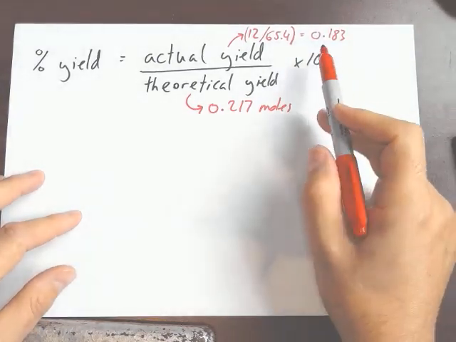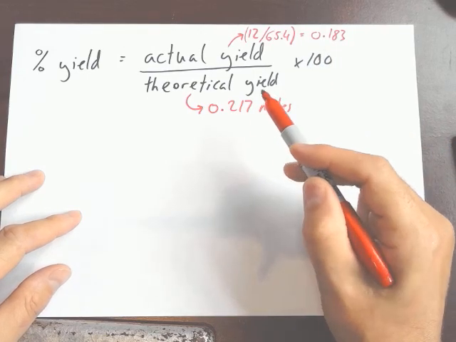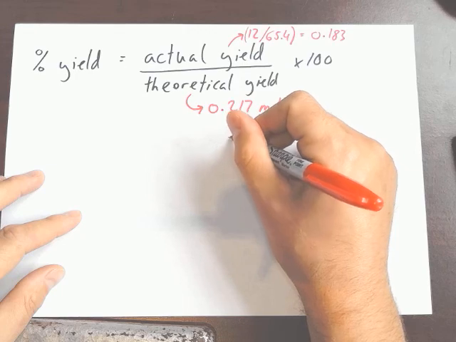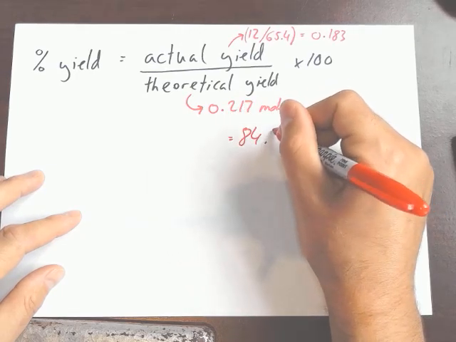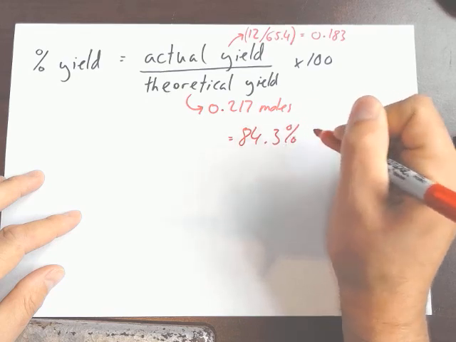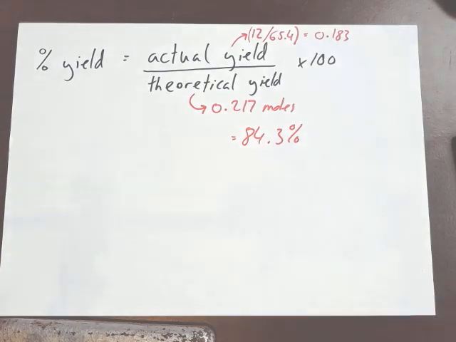So I'm going to do 0.183 divided by 0.217 times 100. That gives me 84.3%.